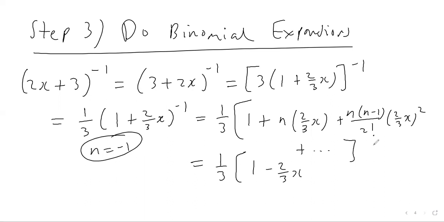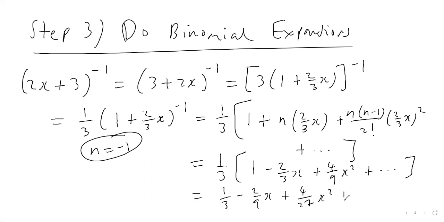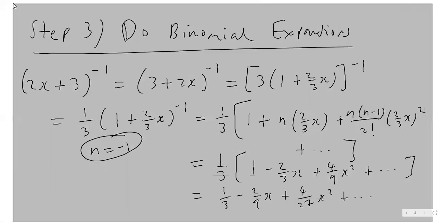And then 2 over 3 all squared is 4 over 9 times x squared, plus the rest of the terms. So expanding the brackets, we get 1/3 take away 2 over 9x plus 4 over 27 x squared plus ... and that's going to be our first expansion.